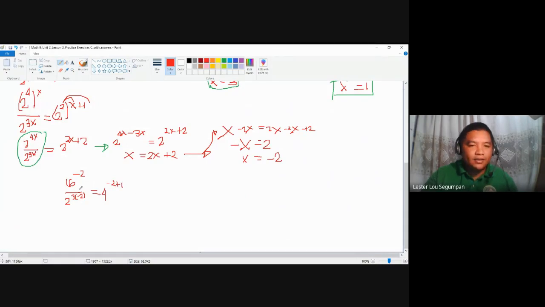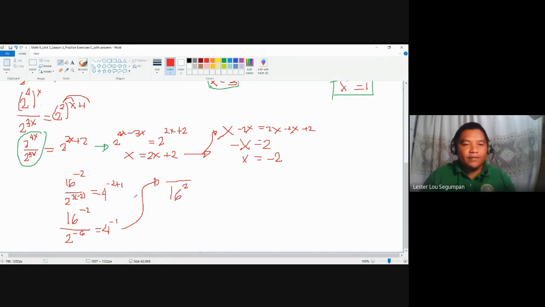Simplify both sides. So this could be rewritten as 16 to the power of negative 2 over 2 to the power of negative 6 is equal to 4 to the power of negative 1. We can put 16 on the denominator, 16 squared, and you have here 2 to the power of 6 is equal to 1 fourth.